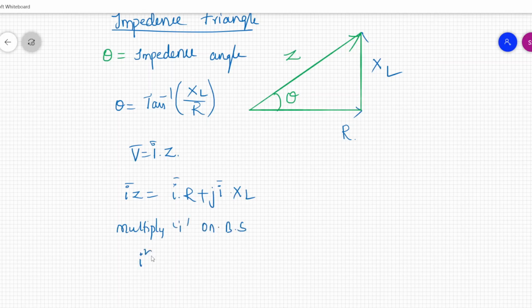That will be I bar square into Z equals I bar square into R plus I bar square into XL. So this will be the sum of powers. Actually it is P plus JQ, not only Q, P plus JQ.